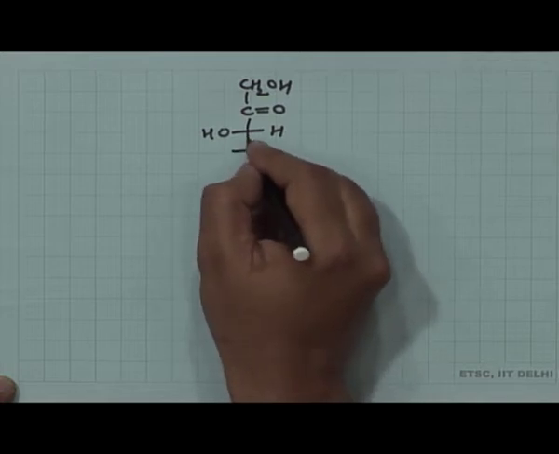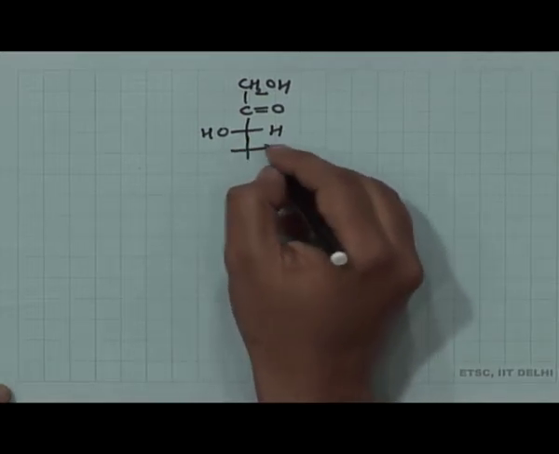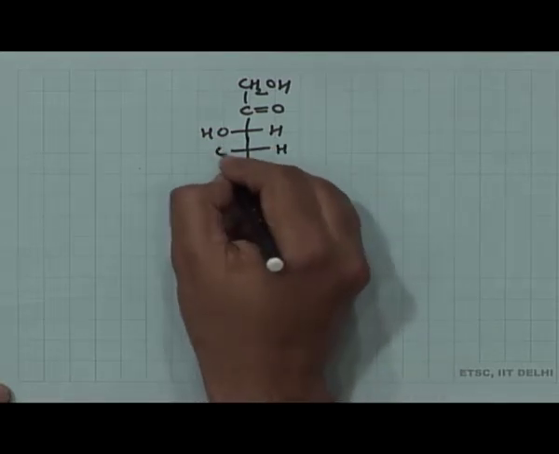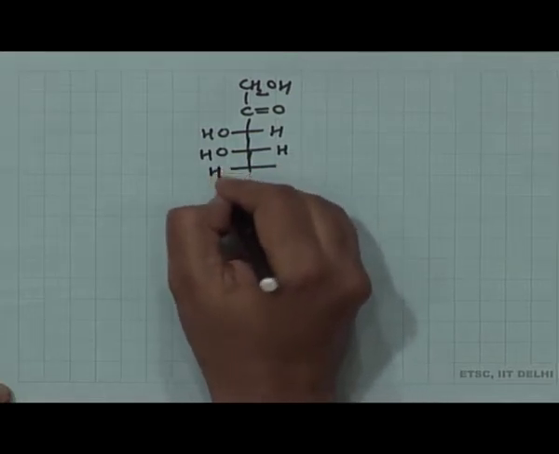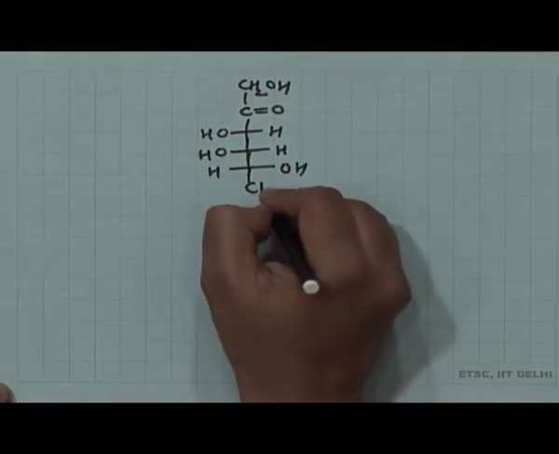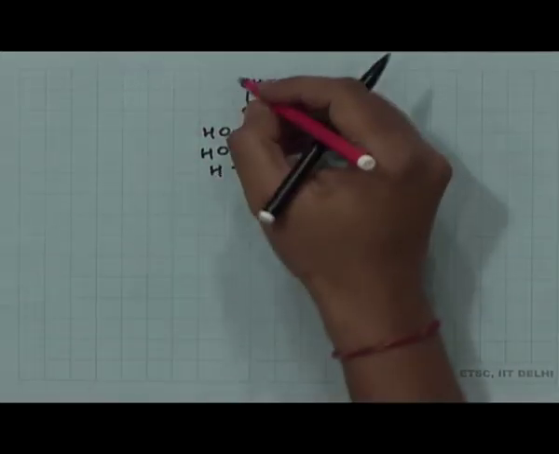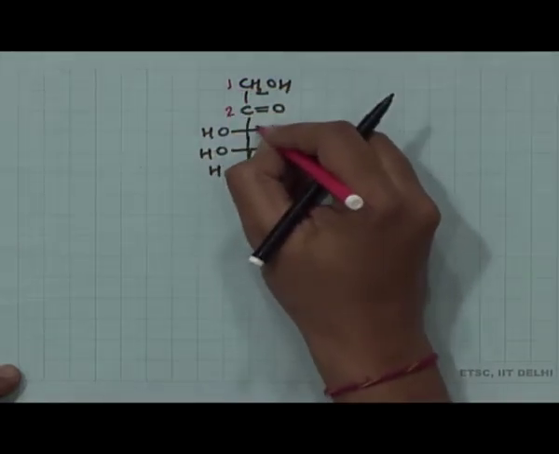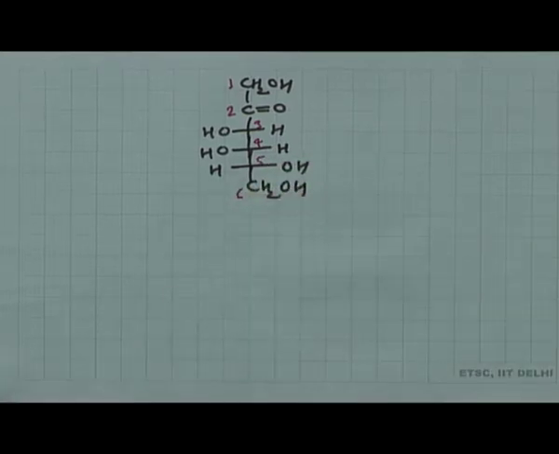If you remember the classification of monosaccharides, I have discussed this structure over there. All right, so I will number it here to make it more apparent: 2, 3, 4, 5, 6.